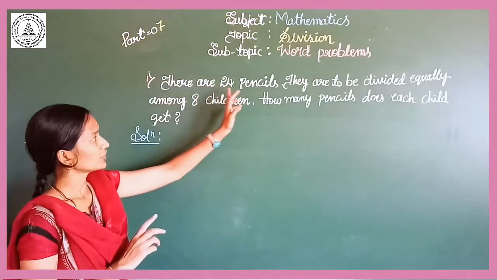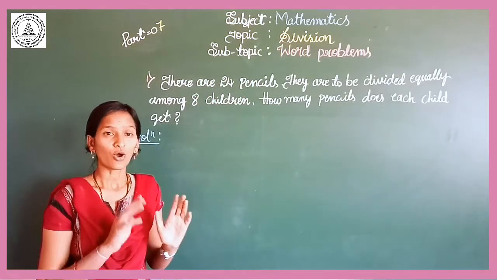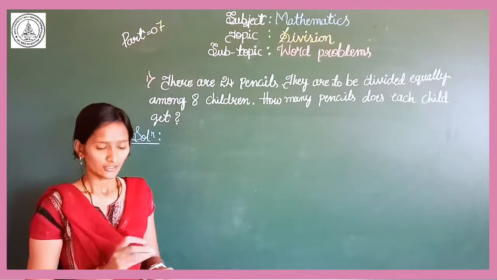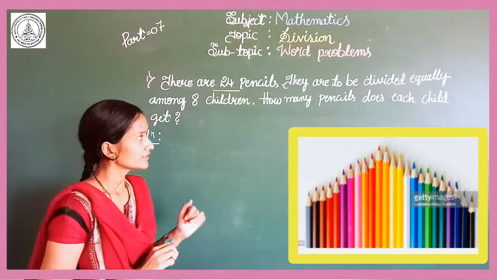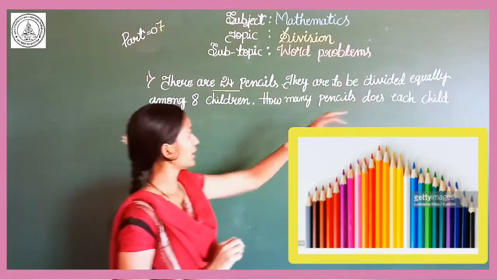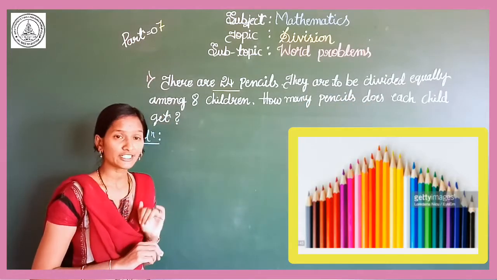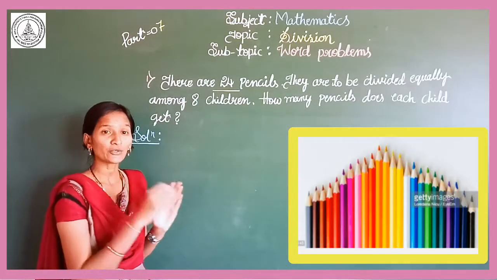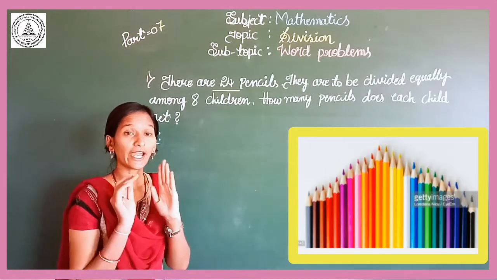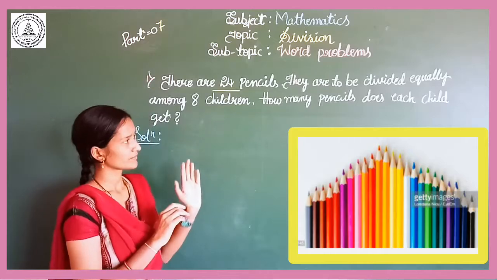See, there are 24 pencils. So how many pencils are there? The total number of pencils is 24. Next, they are to be divided equally among 8 children. So now these 24 pencils you have to distribute to 8 students equally. Right?